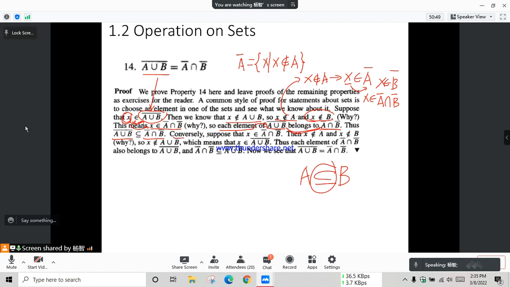Okay, conversely, suppose that every element belongs to the intersection of the complement of A and the complement of B. Okay, this is the expression of the right set. Then x does not belong to A, and x does not belong to B. Right?